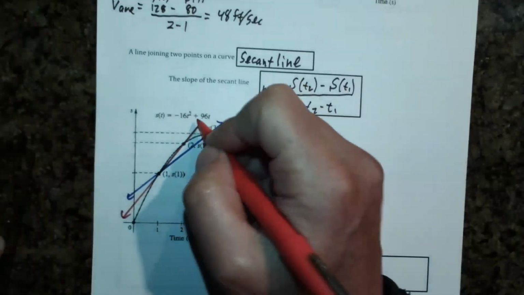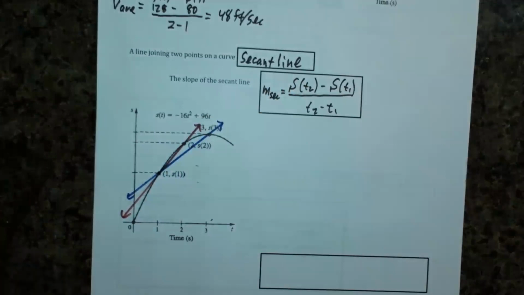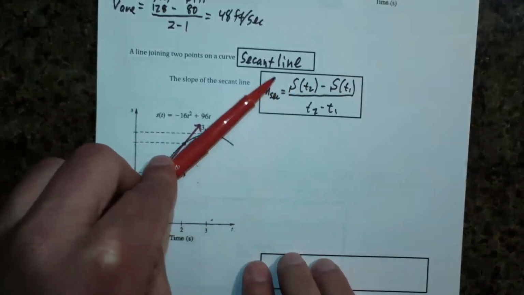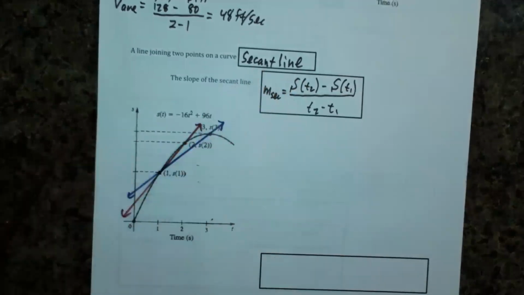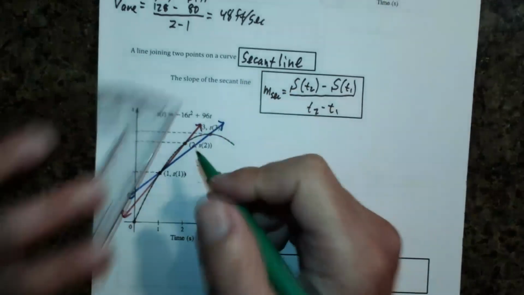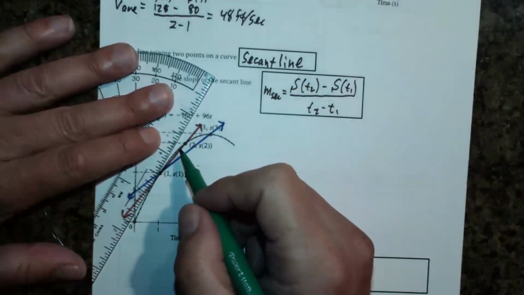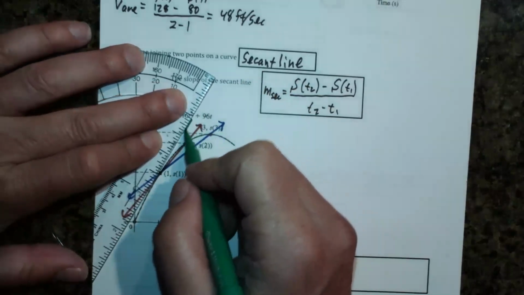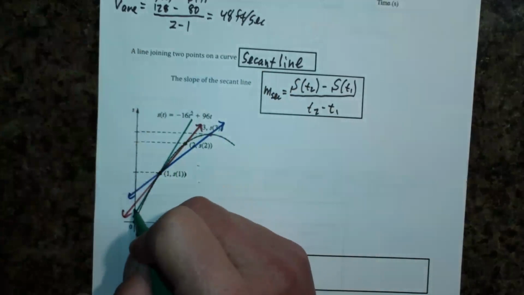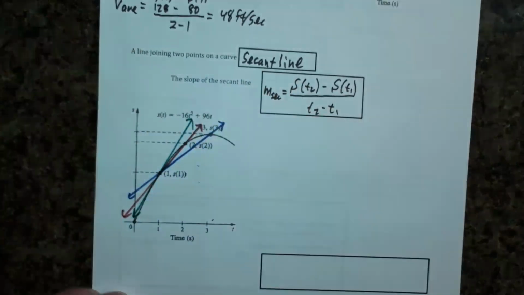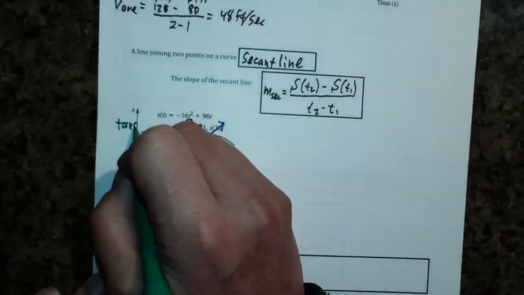And once again, you can see that slope is changing. And our goal is to end up with what's called a tangent line, meaning it's a line that goes through and just touches the graph at one point. This is the tangent line.